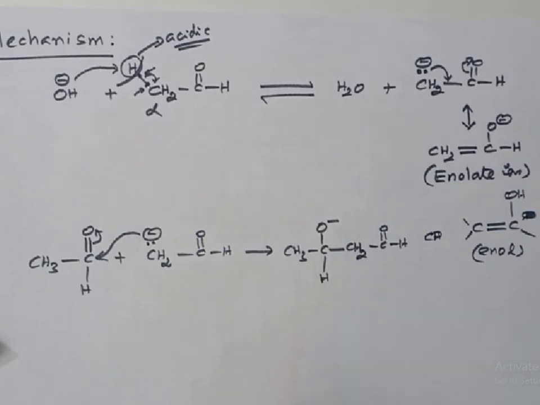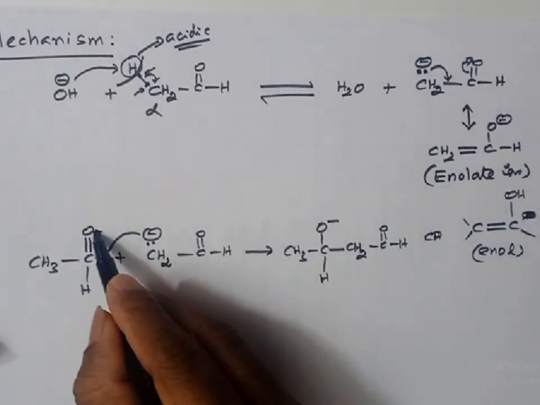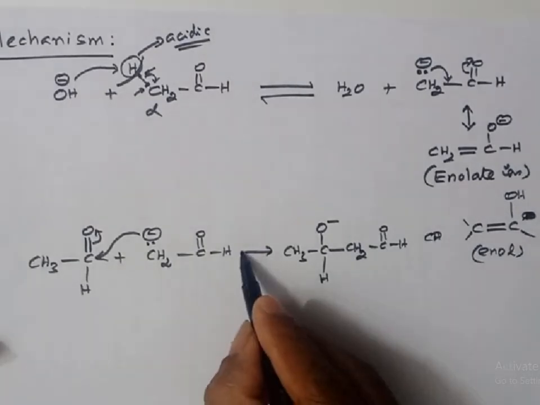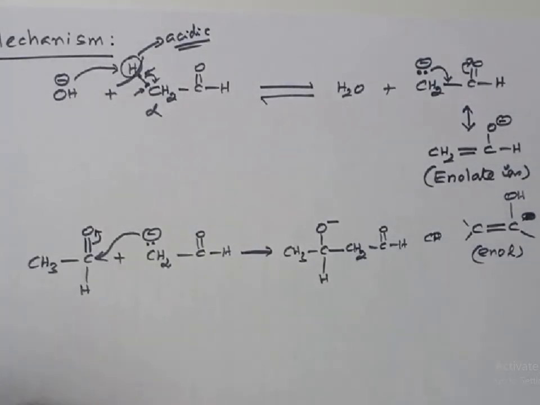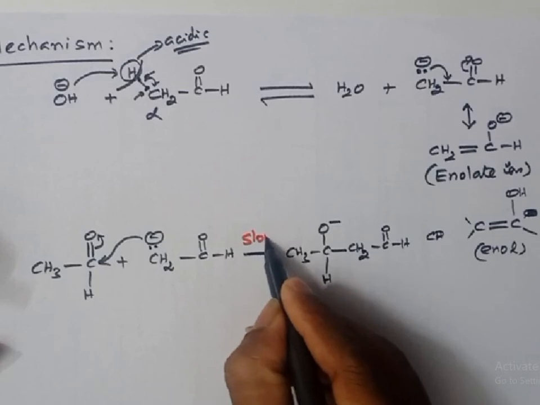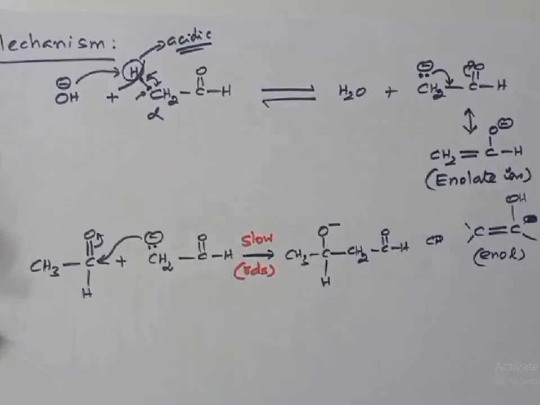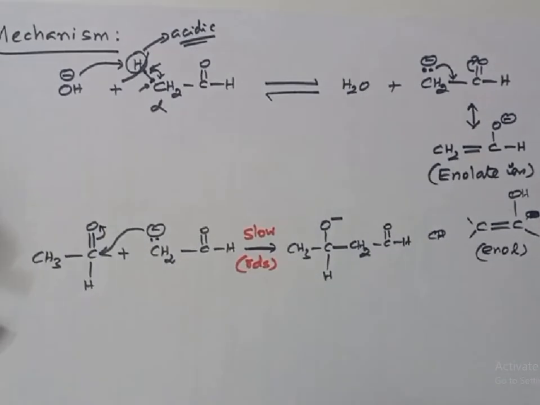The pi bond shifts to oxygen, so oxygen gets a minus charge. This is the slow step in this reaction. Students, observe carefully. This is the slow step, also called the rate determining step of the reaction.